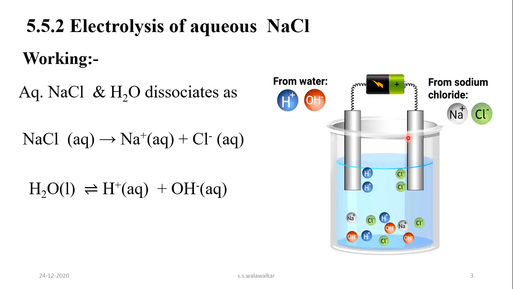This one is the positively charged electrode, so chloride ions and OH ions migrate towards this, and hydrogen ions and sodium ions migrate towards the negatively charged electrode. Now what happens here? How does the reaction take place?